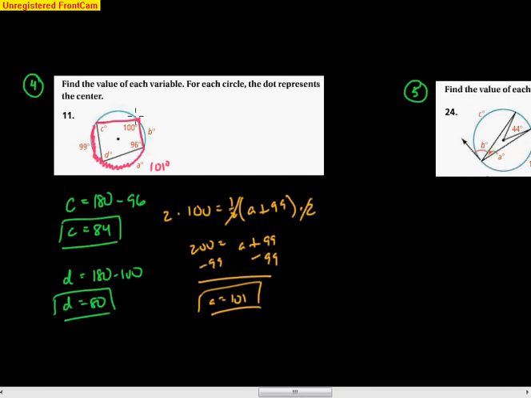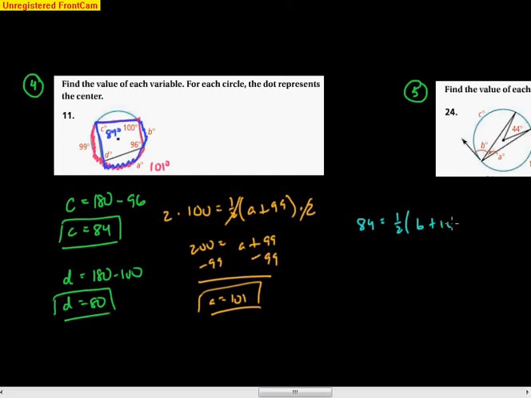And now we're going to do the same thing with the 101 degree arc, and now B. Okay, so there are two adjacent arcs. They belong to the angle C, and we found angle C to be 84 degrees. So we set up a similar equation. The angle 84 is equal to half of its arc. Now again, this angle intercepts two arcs, so add them together.